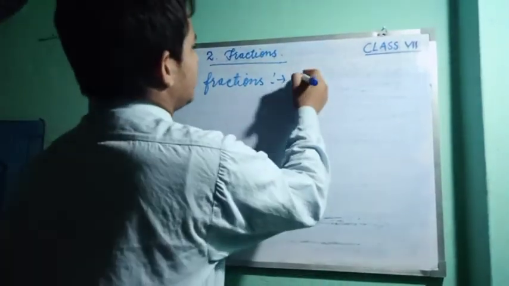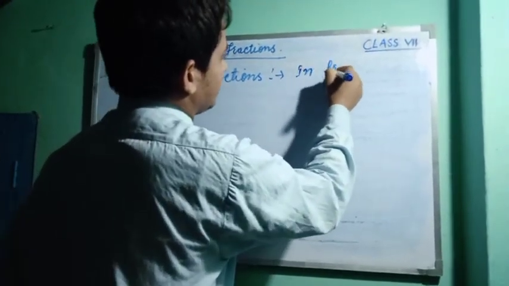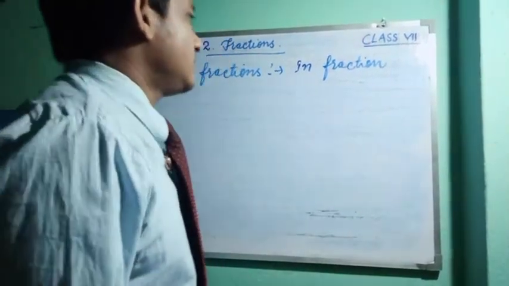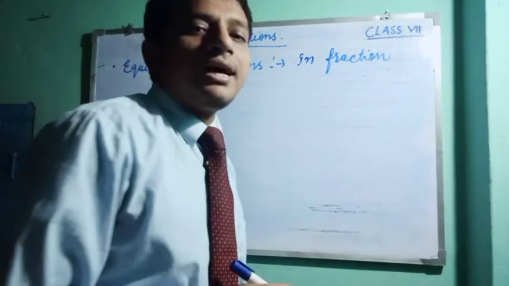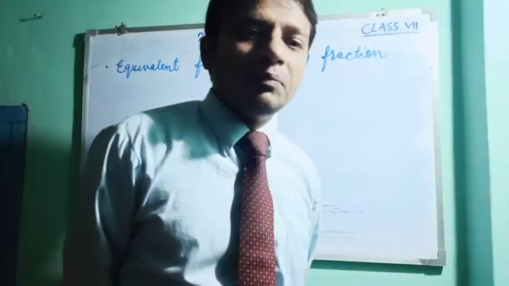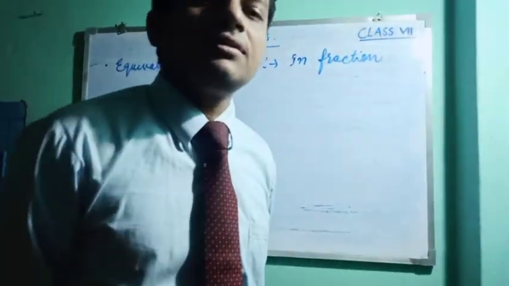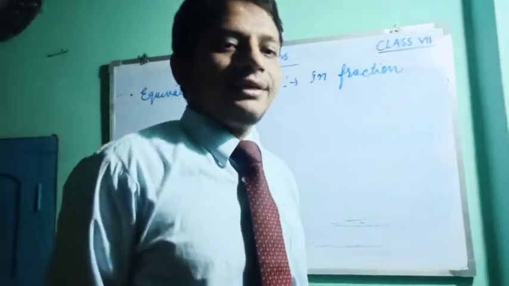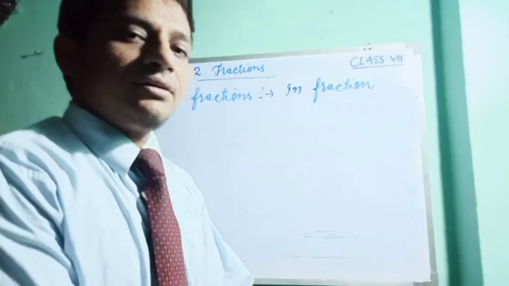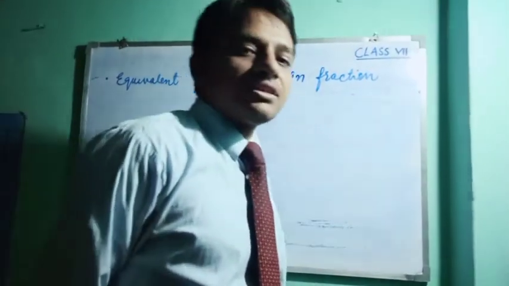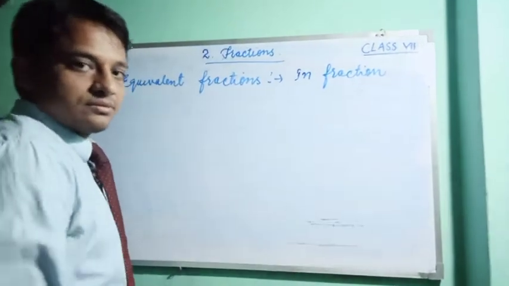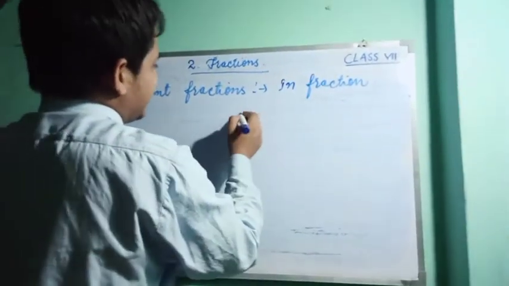In a fraction, suppose the numerator and denominator are both multiplied or divided by the same non-zero number, then the new fractions we obtain are called equivalent fractions. See the example.